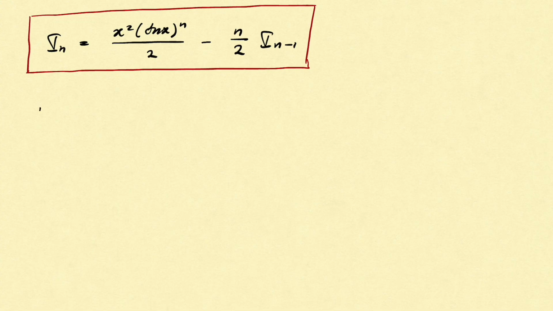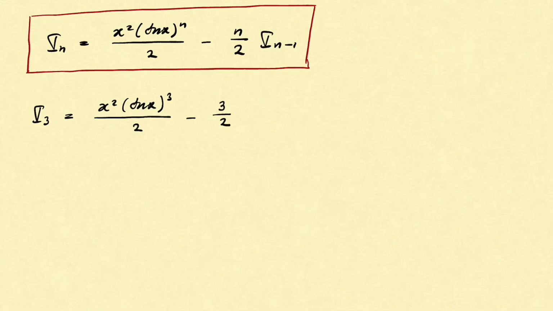Well, I3 equals x squared ln x to the cube over 2 minus 3 over 2 I2. Now, what's I2? First, let's just repeat this, over 2 minus 3 over 2.